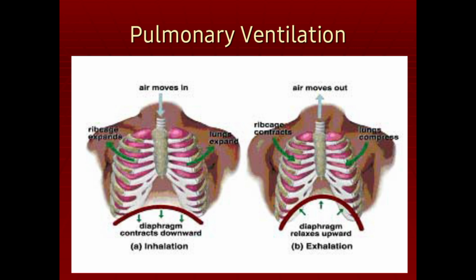Those are the sternocleidomastoid, which elevates the sternum, the scalene group of muscles, which elevates the upper rib, and the pectoralis minor, which also takes part in the process.